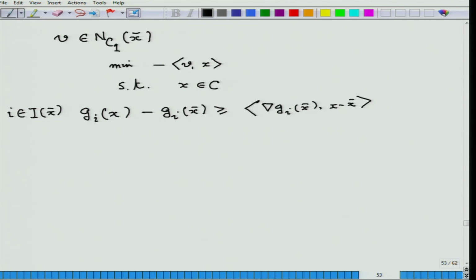And then, because i is in I of x bar, this is 0, and so for x in C, is that clear, for each i, g_i of x is of course less than or equal to 0 and this is 0.